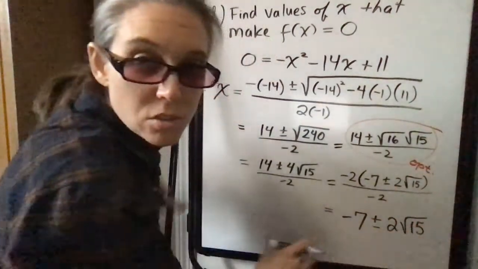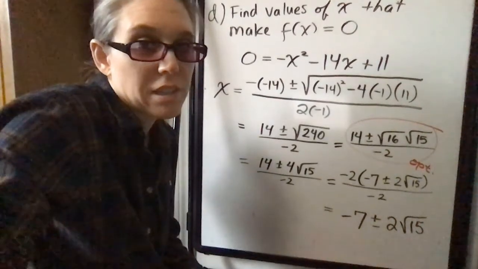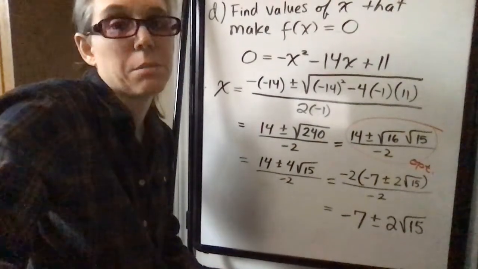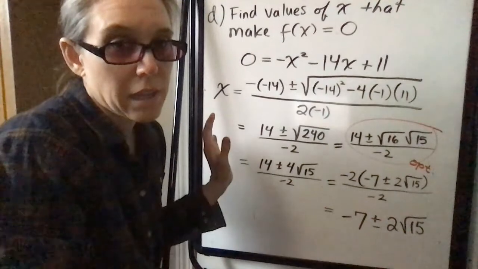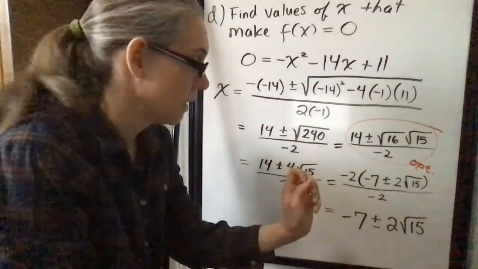So you have to make sure that you can show all that work on your own. You're going to give an exact answer, and it needs to be fully simplified. So go through it and give an exact answer that is fully simplified.